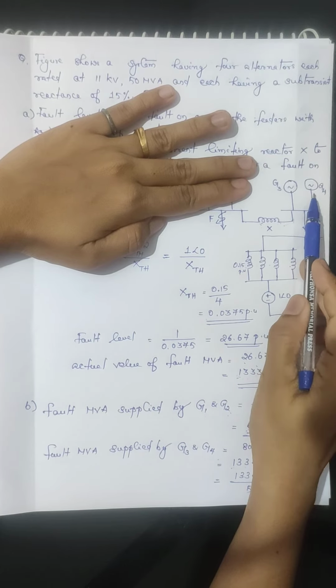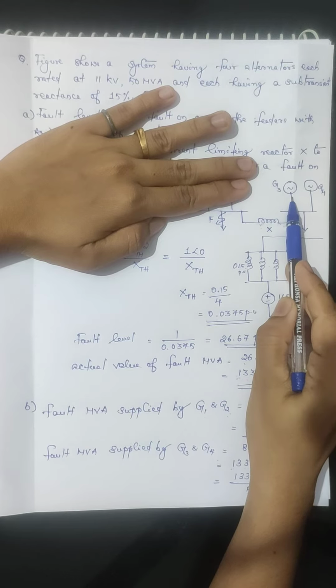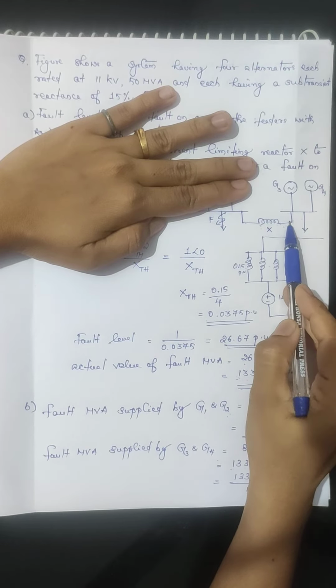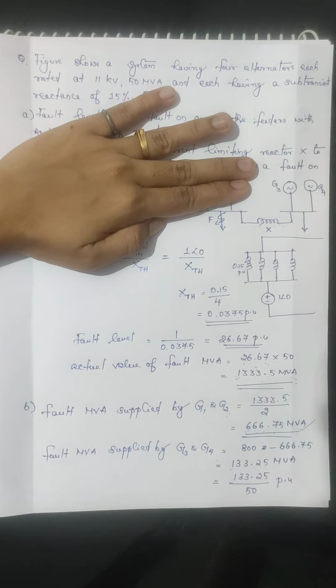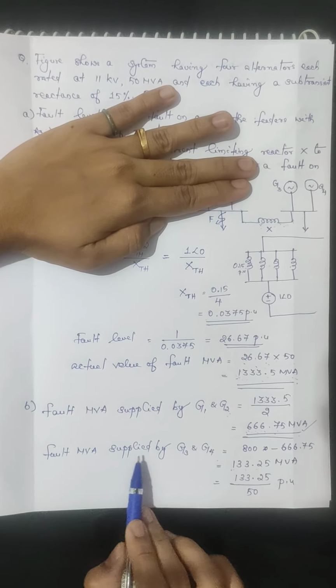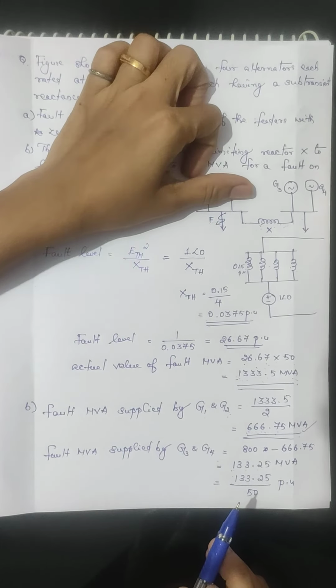So there will be two reactances connected in parallel, and that parallel combination is then connected in series with the reactance X. We are calculating the fault MVA supplied by G3 and G4 only, so we are not considering G1 and G2 here.